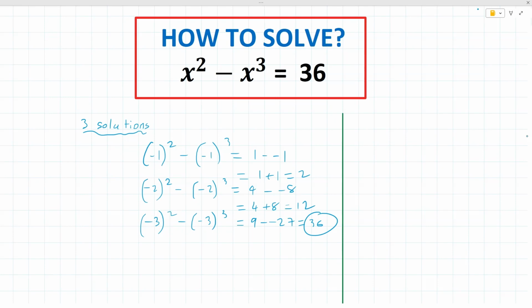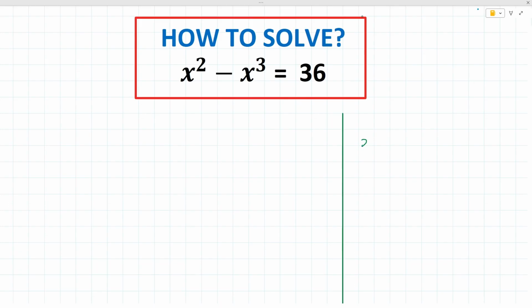Let's take this solution, which we found by investigation, and use it to move further in the problem. We have a nice first solution here, which is negative 3. If we can plug negative 3 in here and obtain 36, we can rewrite this cubic as negative x cubed plus x squared minus 36 equals 0, and perform a long division.